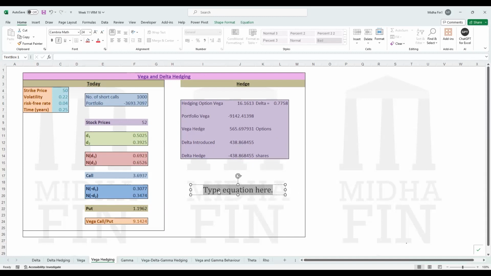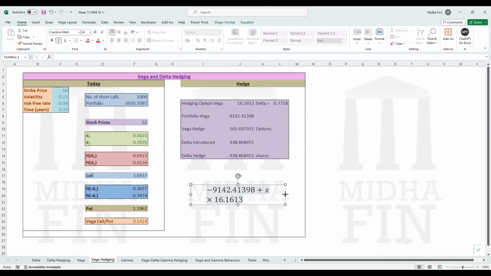Here, I have my existing Vega as minus 9142.41398. This is my existing Vega portfolio. Now I want to add a hedging instrument. Let's say I have X units of hedging instruments, and each of these options has a Vega of 16.1613, so it will be multiplied with 16.1613.